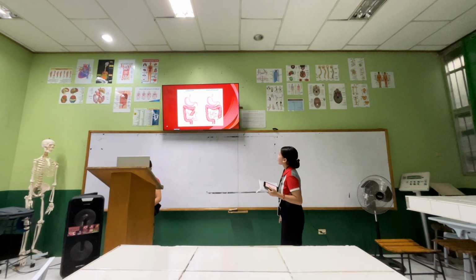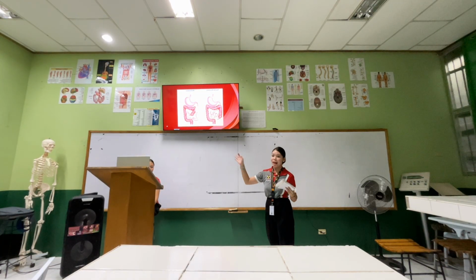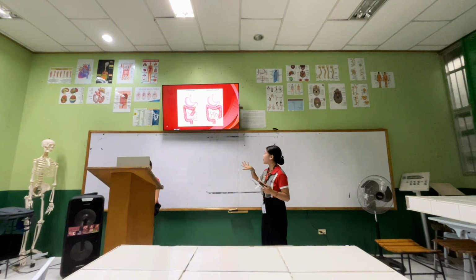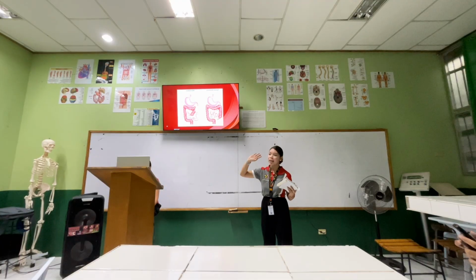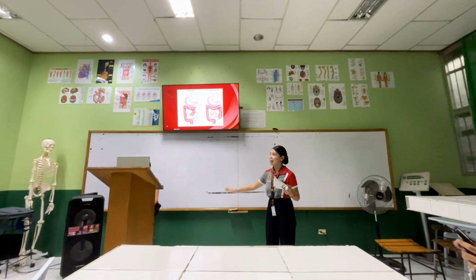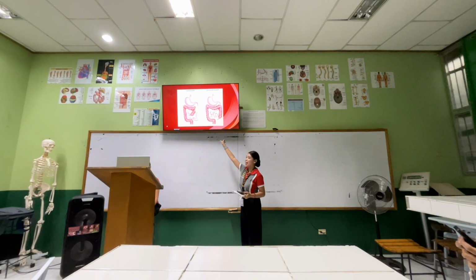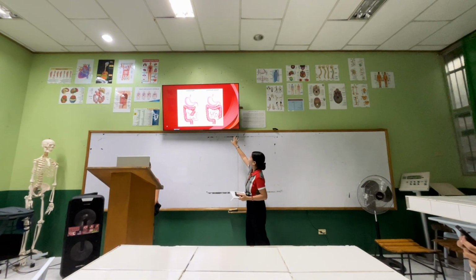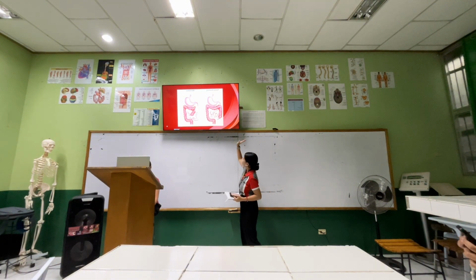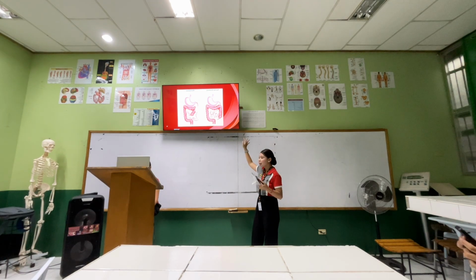So here is a picture para makita ninyo unsay difference of normal anatomy for the intestine and then malrotated intestine. So as you can see sa normal anatomy, it is well coiled and move na siya, di ba?